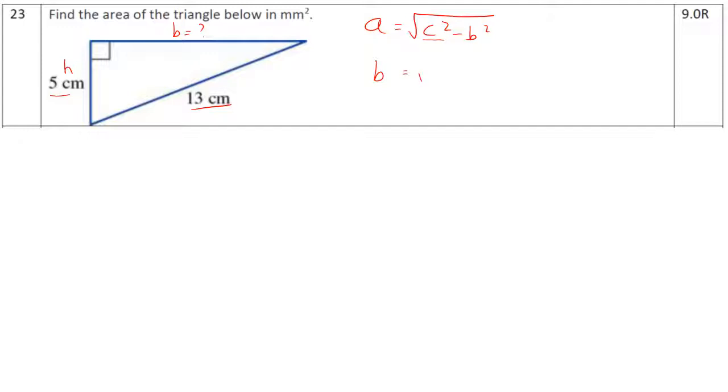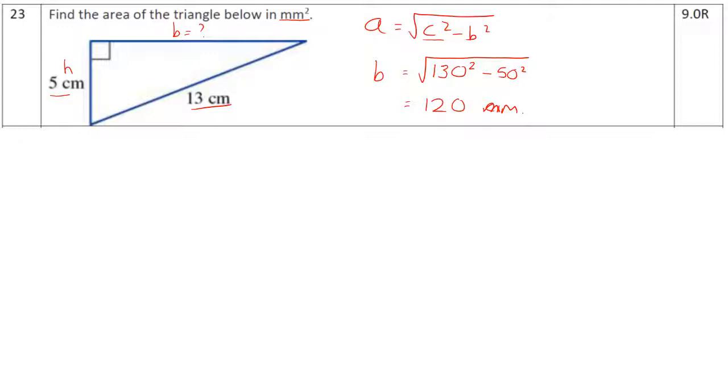So b is going to be the square root of, now I want my answer in millimeters squared, so I'm actually just going to work in millimeters from the start, and that will make my life slightly easier. So I'm going to do 130 squared minus 50 squared. And what I end up with is the nice convenient number of 120 millimeters, not centimeters.